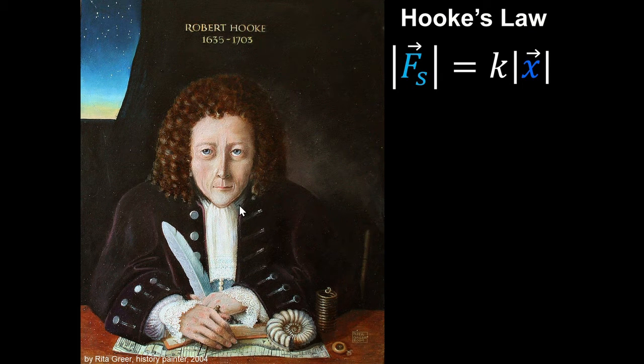This is a painting of Robert Hooke. Hooke died in 1703, and this painting was done in the year 2004, almost 300 years later. The reason the painting was done is because no portrait of Robert Hooke survived the 17th century.